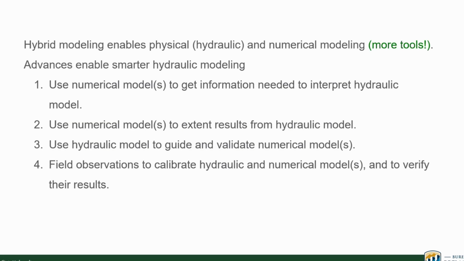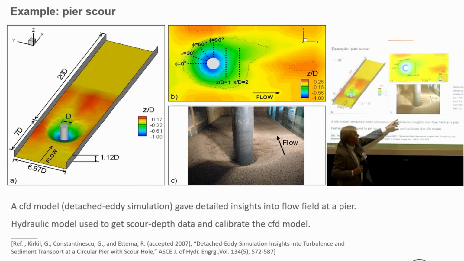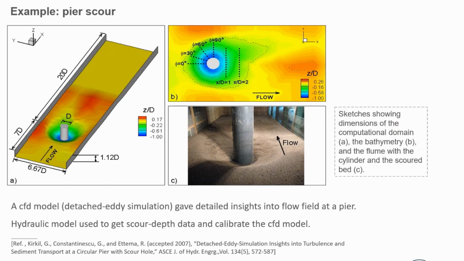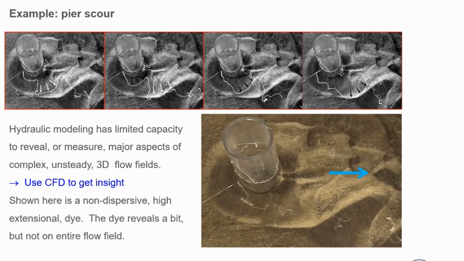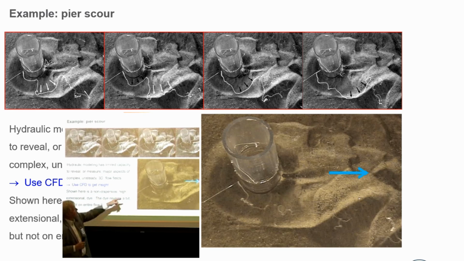Hybrid modeling, basically the introduction of numerical models. You can run numerical models, which we did at Iowa, George Constantinescu, a graduate student, and myself, and get images like this for a very simple structure such as a circular cylinder in sand. You can show what the flow field looks like. In the lab, we tried with a stringy type of flow field illuminator, but we get odd shapes like this, where the material we put in stays together, but it doesn't really show you what these figures do.